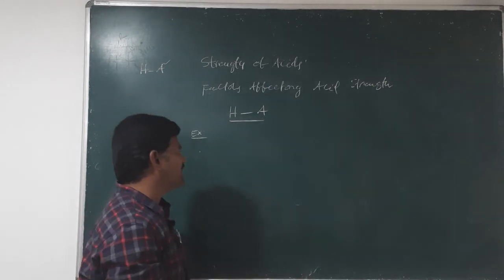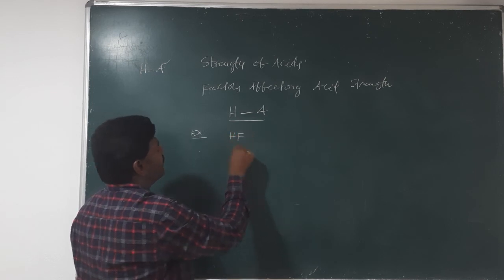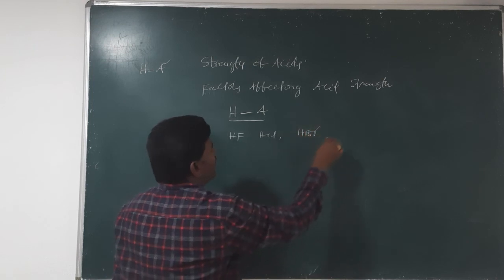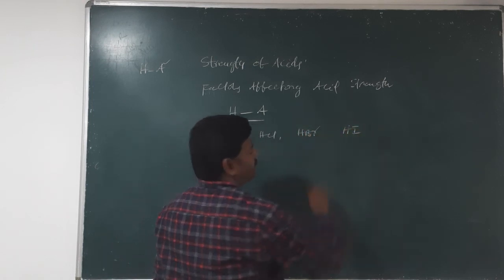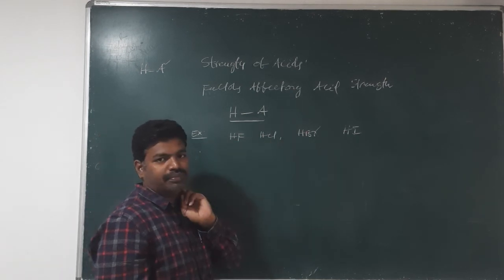For example, if you take HF, HCl, HBr, HI, these are the elements of the same group.